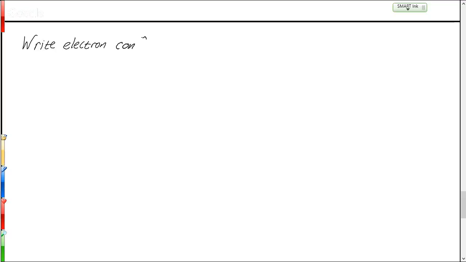All right, so let's try this. Write electron configurations for the following atoms. A couple straightforward, and then I've thrown in a couple ions. See if you can figure out what happens when there's an ion instead of a neutral atom.